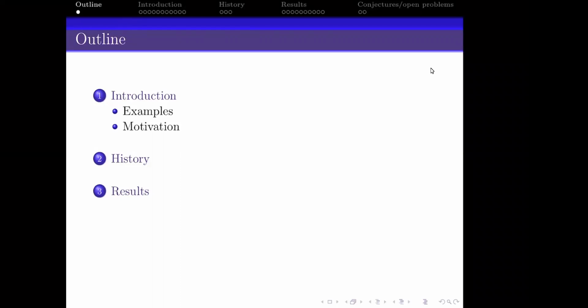By the way, this talk is joint work with Erik Lundberg, who is at Florida Atlantic University. The talk will be light on the proofs. I won't really give any detailed proofs, maybe just a sketch of one thing. And finally, I'll end with some conjectures and open problems.